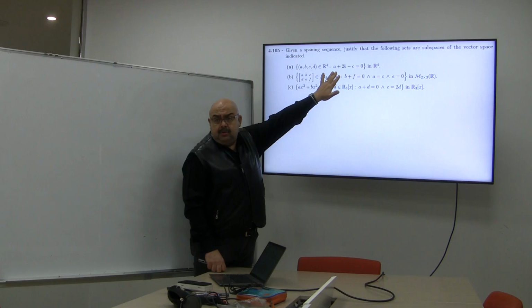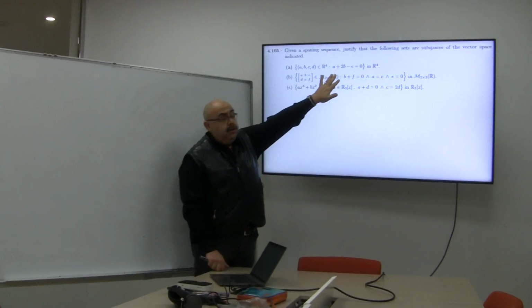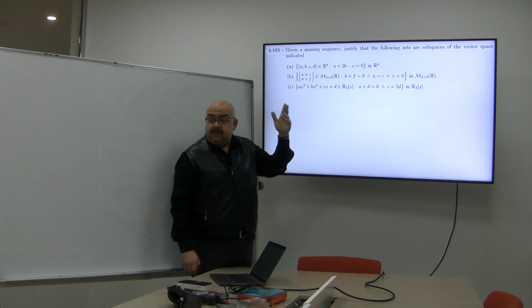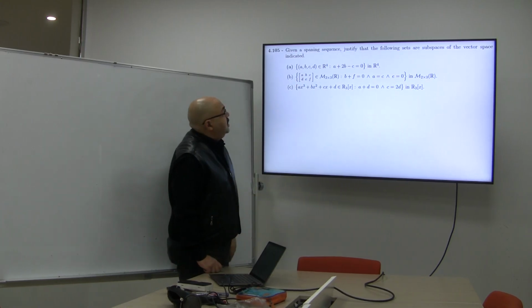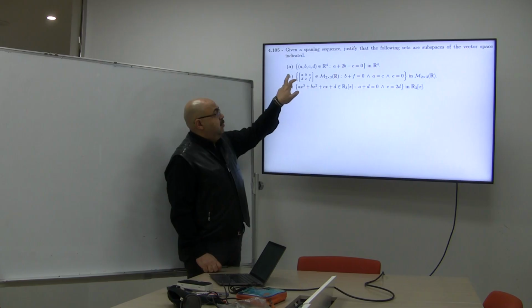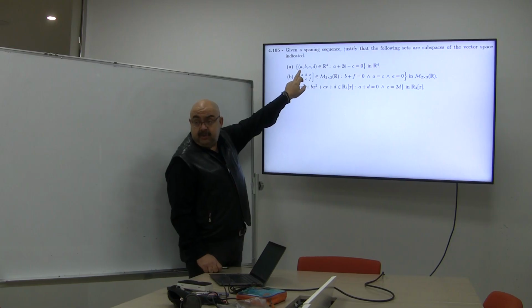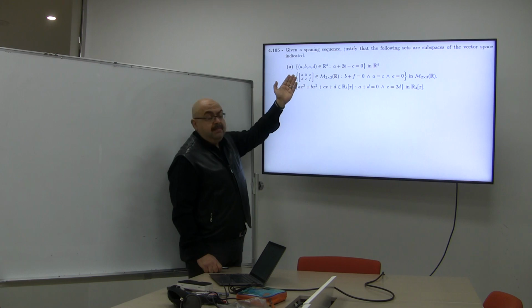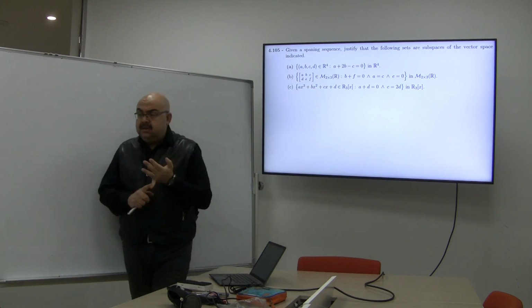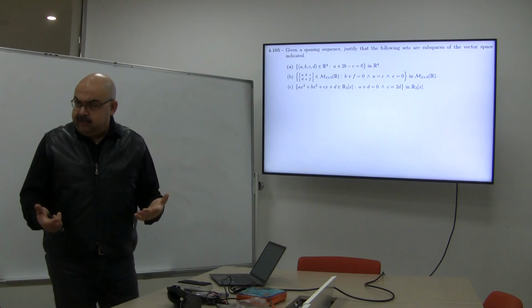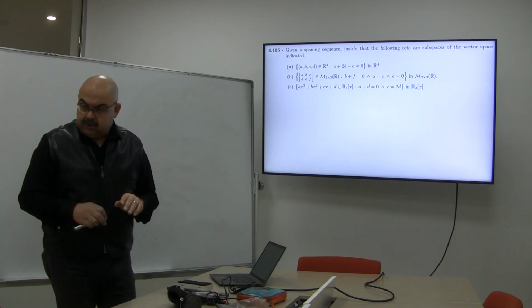All I have to do, in order to get the span for this set and see if it is a subspace, is really very simple. If A, B, C equal zeros, then I will have this set equal to the null vector. Any vector which contains A, B, C, D can be added or multiplied by a scalar and you will still be in R4. So you don't have any problems whatsoever.